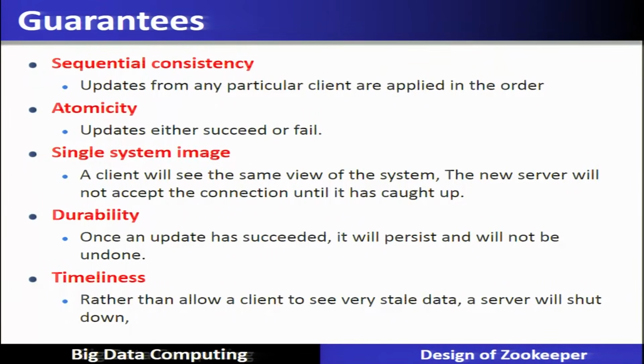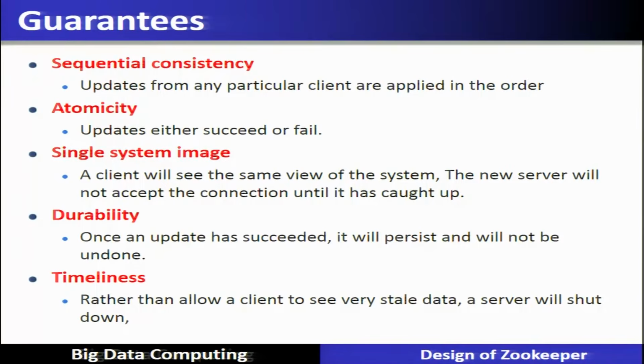A new server will not accept connections until it has caught up. Therefore, the clients will see the same view of the set of systems, or the state variable, in the case of Zookeeper. Another thing guaranteed by Zookeeper is durability, that is, once an update has been successful, it will persist and will not be undone.